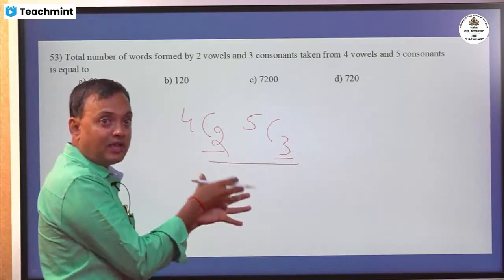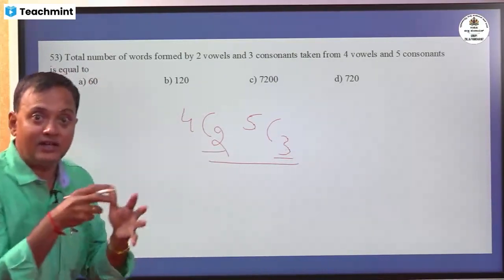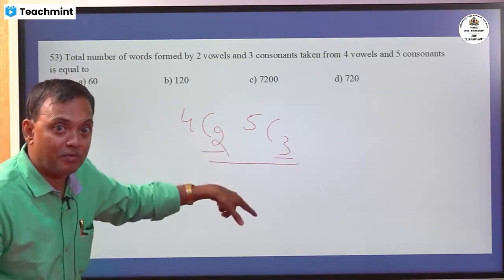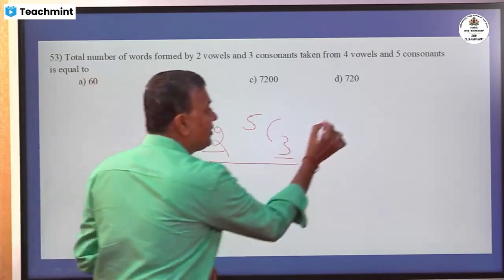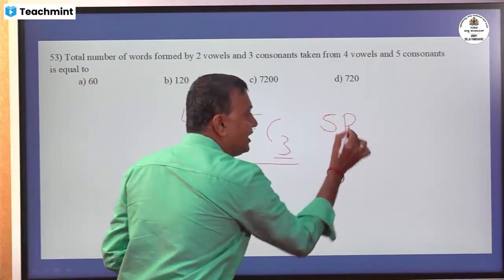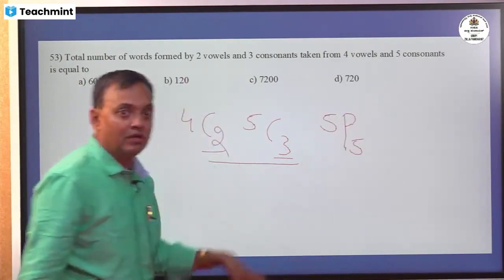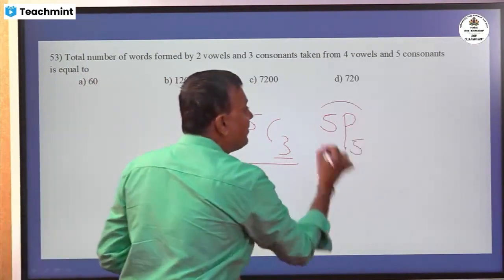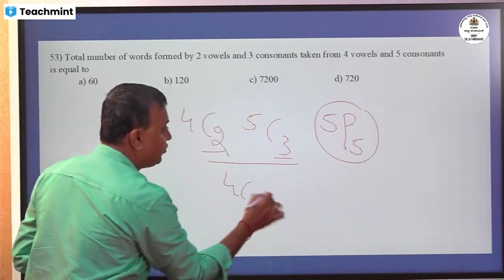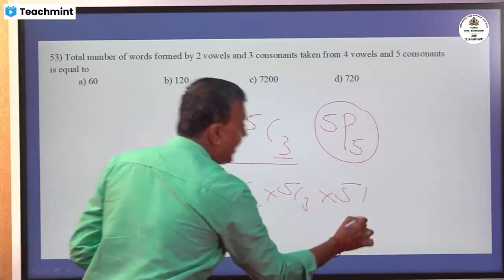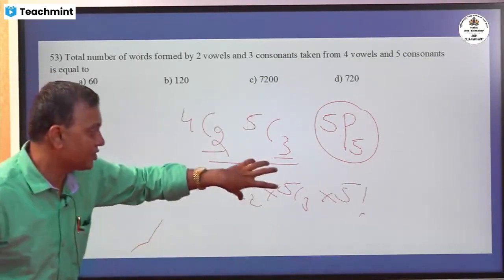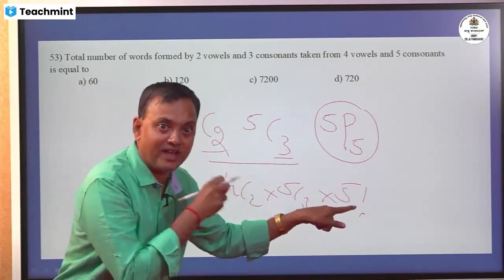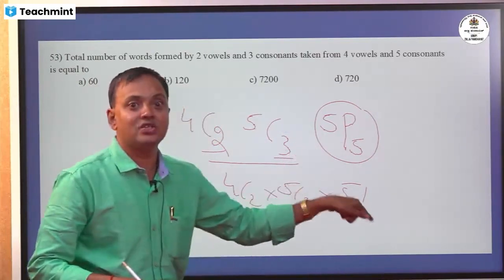So these 5 distinct letters, chosen by combination, are arranged among themselves by permutation: 5 distinct letters taken 5, that is 5P5. So 4C2 times 5C3 times 5 factorial ways. So that is not all: first select, and after selecting, arrange. To make a word, first select, then arrange among themselves.